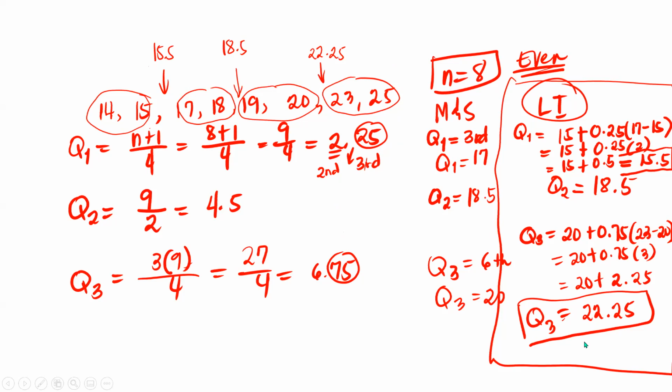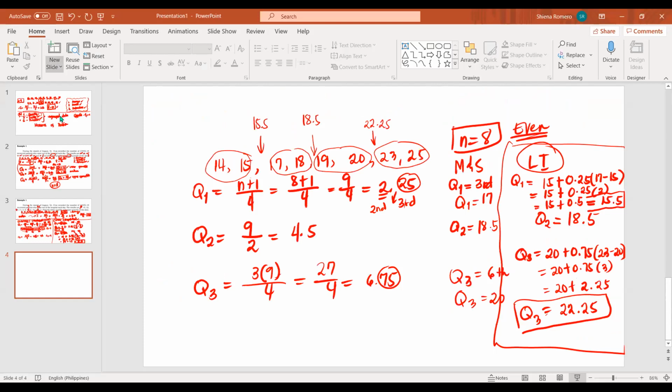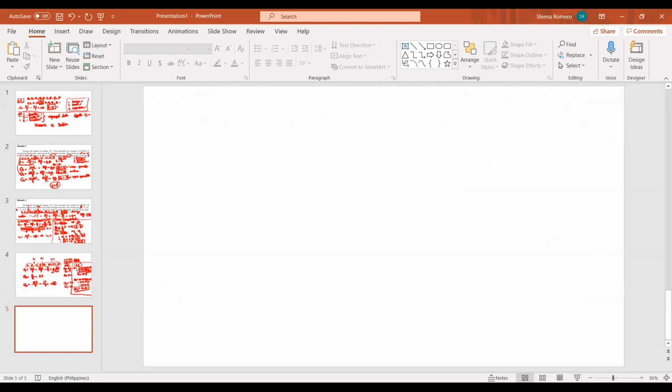So the way we get the quartile is also the way we get the decile and the percentile. What do I mean? When we say quartile, you are dividing the data into 4 parts.